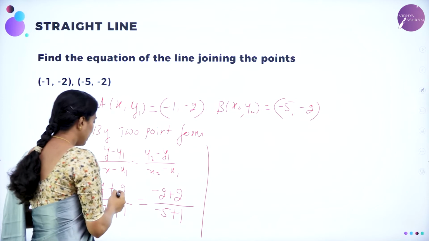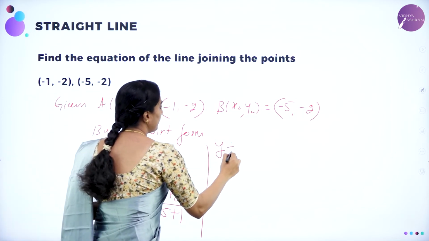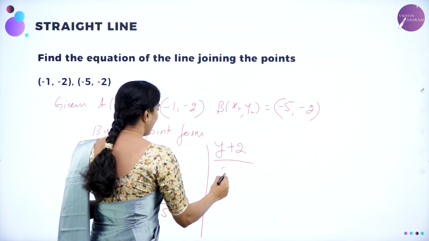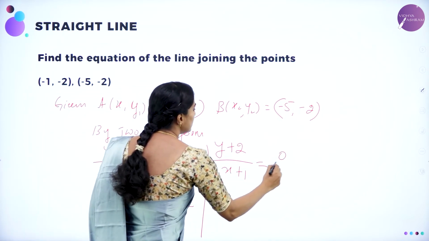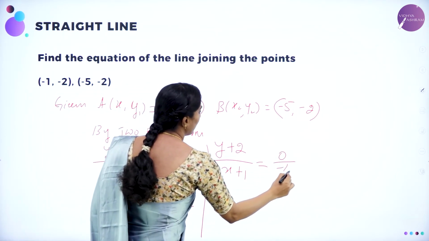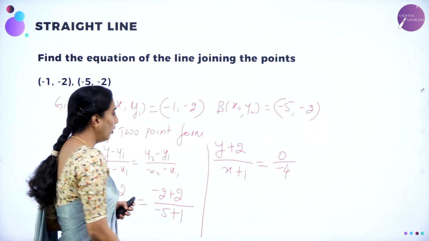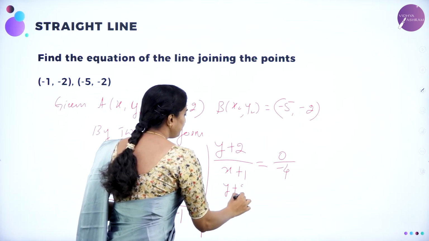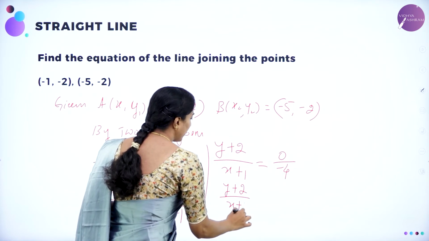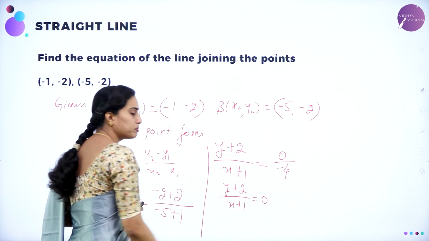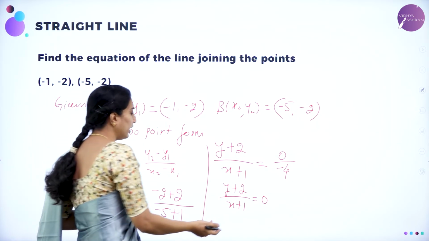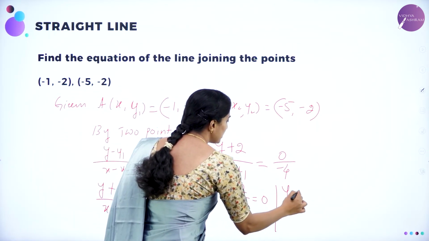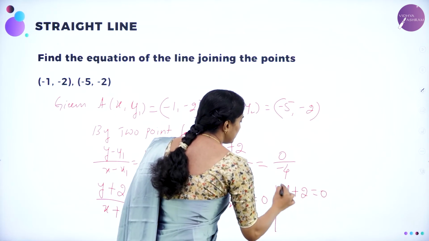So y plus 2 divided by x plus 1 is equal to minus 2 plus 2, which is 0, divided by minus 4. 0 by anything is 0 only. So y plus 2 divided by x plus 1 equals 0. By cross multiplying, 0 into x plus 1, 0 into anything will be 0 only. You are going to get the equation y plus 2 equal to 0.